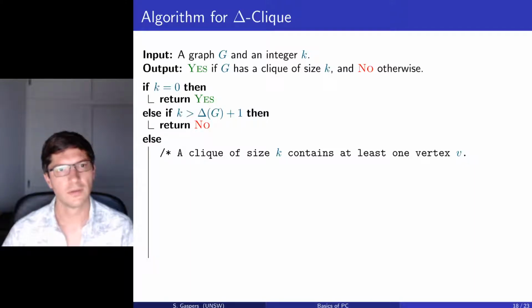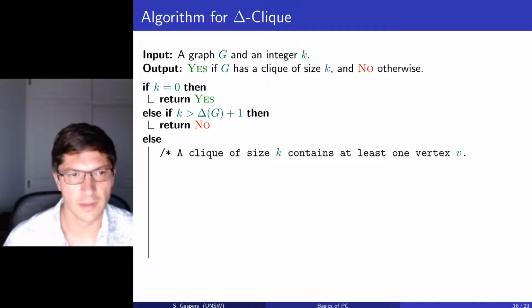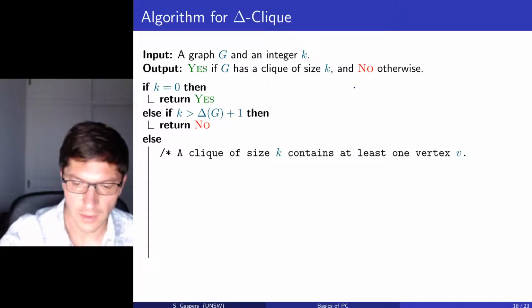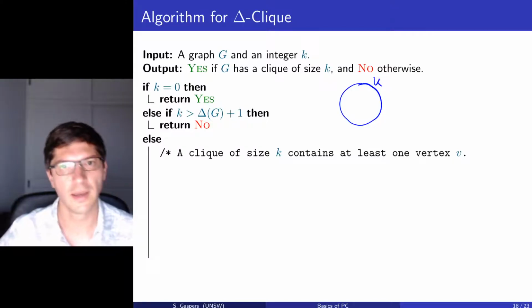Otherwise, if k is more than the largest degree plus 1, then I claim that we can return no. Why is that? If we have a yes instance, then there exists a clique of size k in the graph.